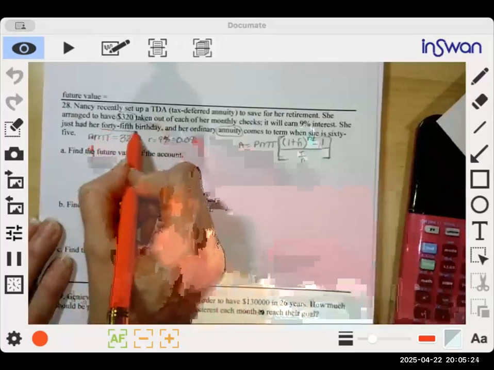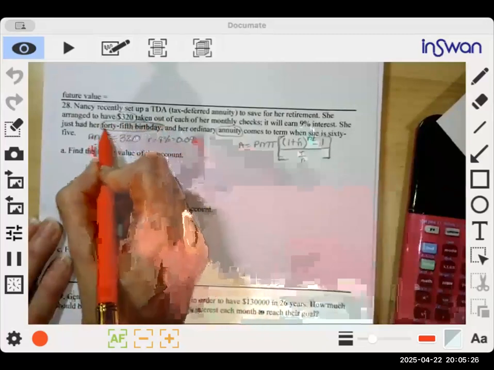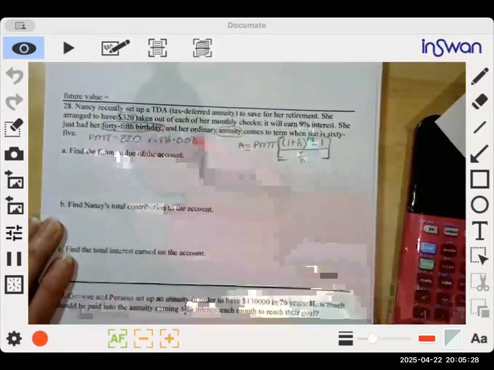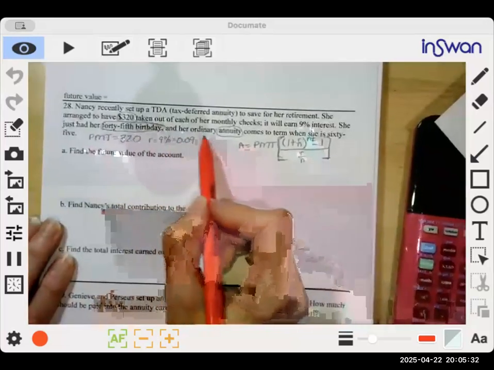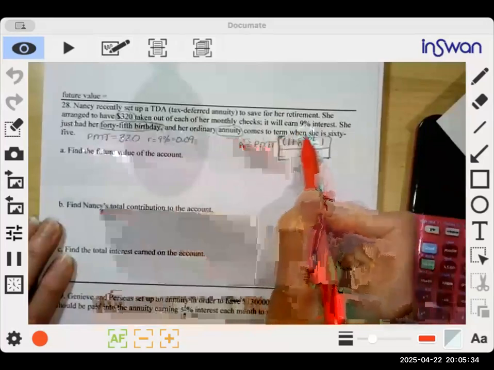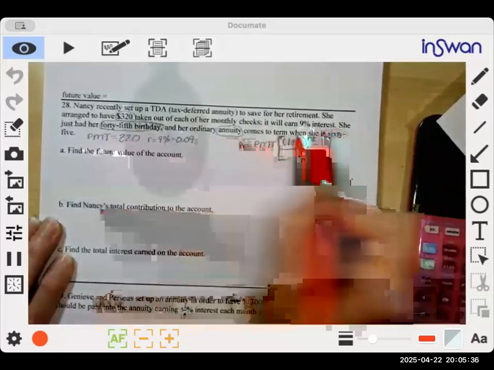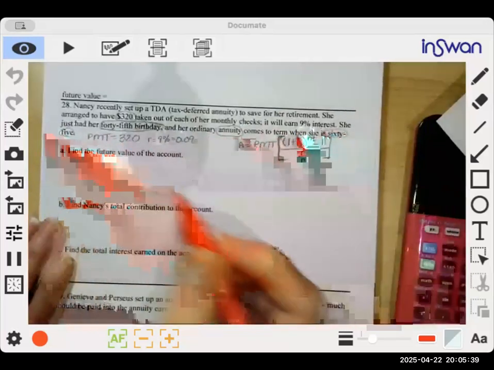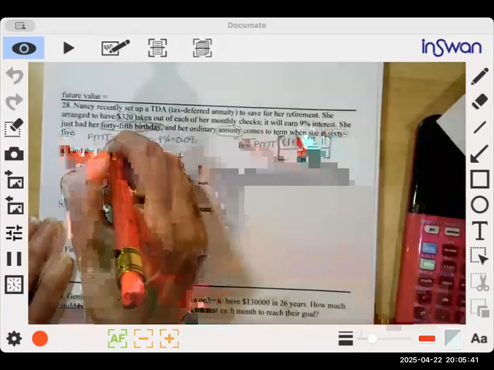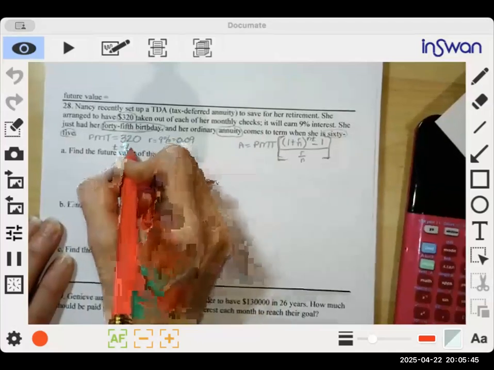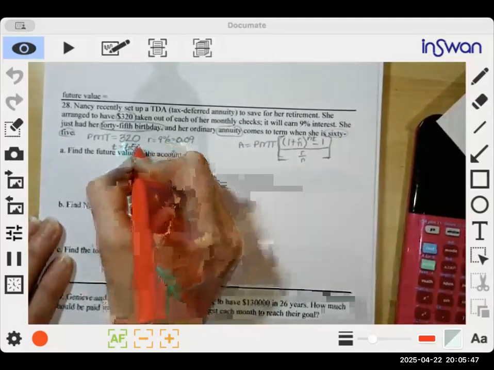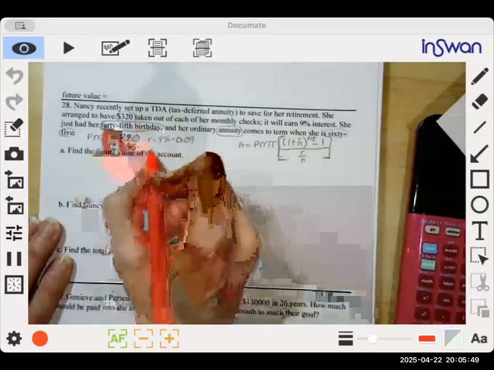She just had her 45th birthday, and when it comes to terms, she's going to be 65. So our time is how old she's going to be at the end minus how old she is when she starts.